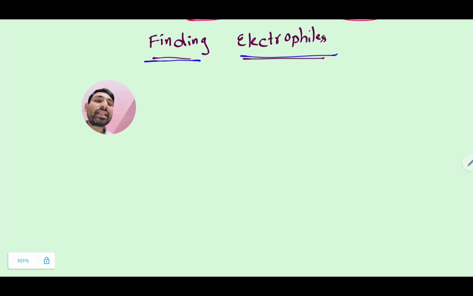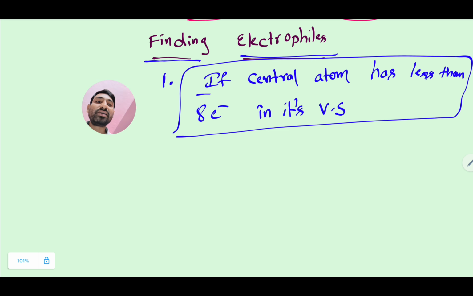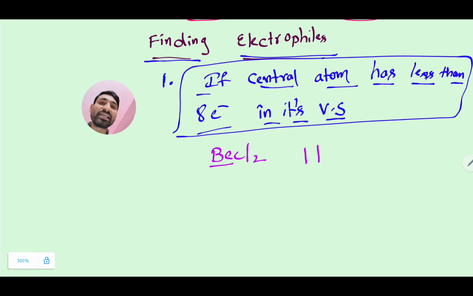How to find electrophiles? In the first case, if the central atom has less than 8 electrons in its valence shell, those species can act as electrophiles. For example, in BeCl2, beryllium is a second group element, so it has two valence electrons.